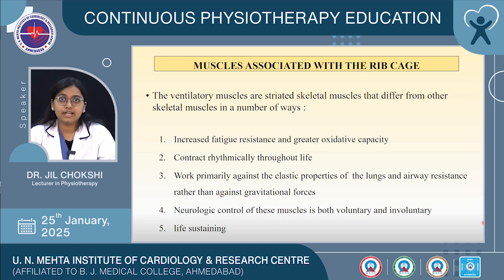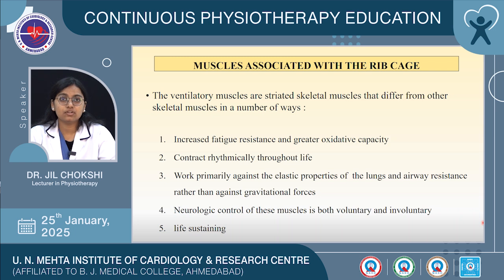These striated ventilatory muscles differ from other skeletal muscles in a number of ways. First is increased fatigue resistance and greater oxidative capacity, meaning these muscles are not easily fatigued and have a greater oxidative capacity. Second, they contract rhythmically throughout life. Third, they work primarily against the elastic properties of the lungs and airway resistance rather than against gravitational force.